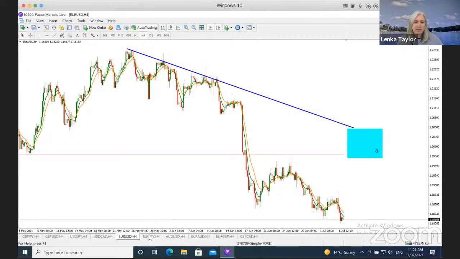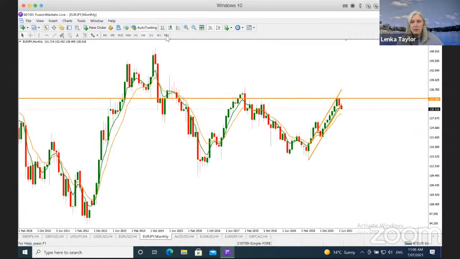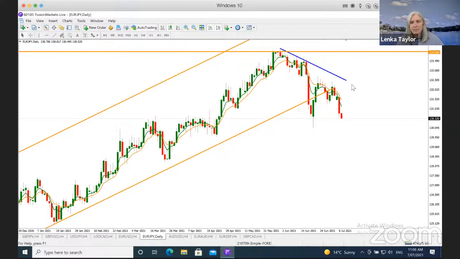The next currency pair I'm going to have a look at is EURJPY. With EURJPY, again, level of resistance, so looking at a short going forward. On the daily, the trend line's going down.